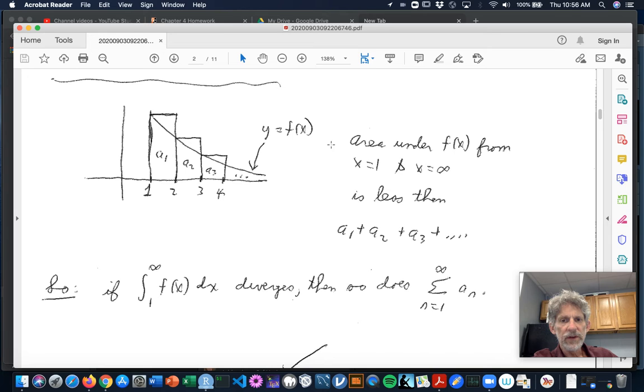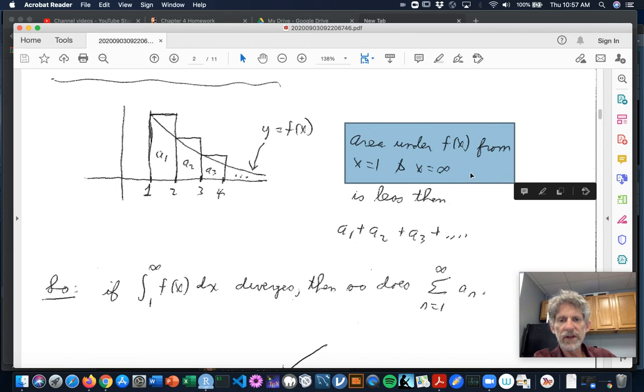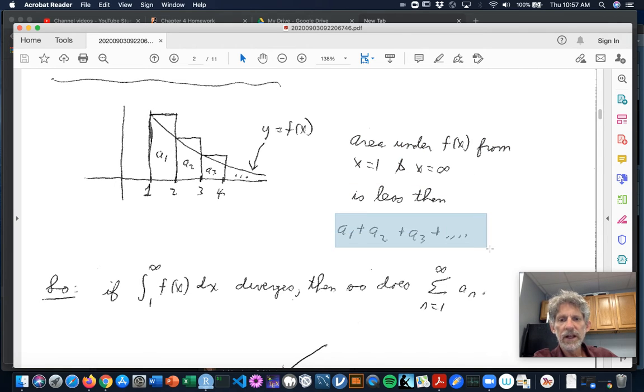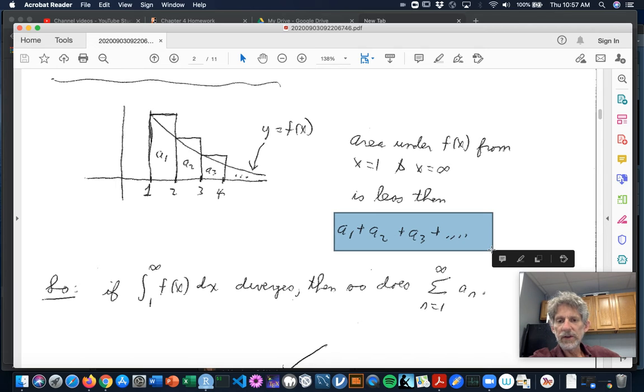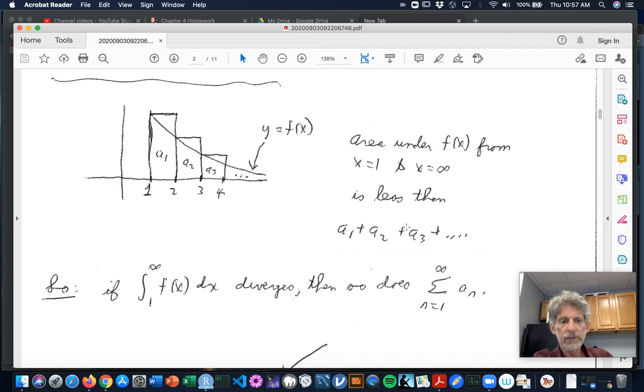So you'll notice this time, the rectangles lie over the curve. So the area under the curve from x is 1 to x is infinity would be less than the sum of the areas of the rectangles, which is a1 plus a2 plus a3 forever.